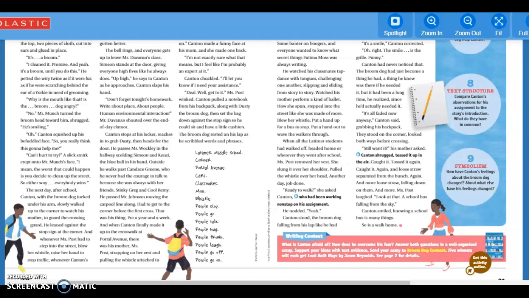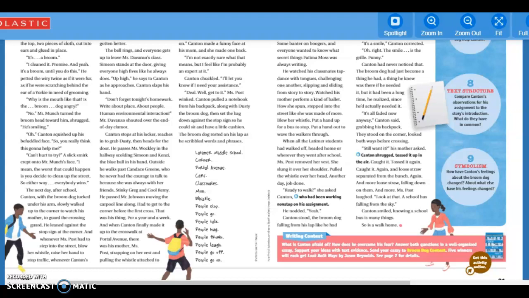In this next question, we're going to talk a little bit about Canton's feelings about the Broom dog, and how did those feelings change, and then maybe what else have his feelings changed about. So I was noticing as the story went along that the Broom dog was something he wasn't so sure about in the beginning, wasn't really sure why Mr. Munch was giving him the Broom dog.